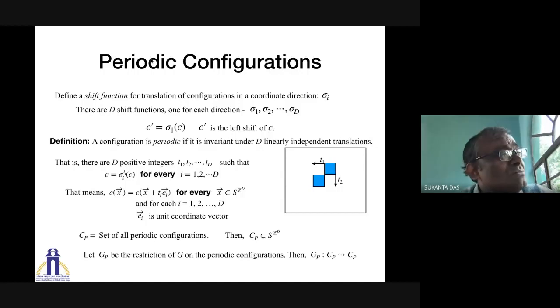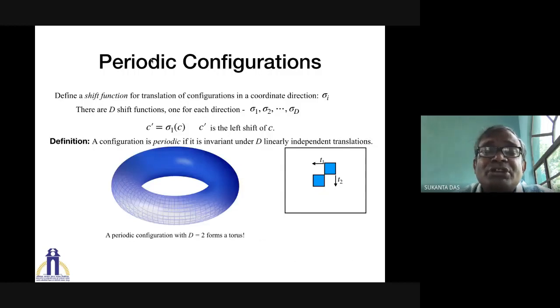Although in the case of finite configurations it is easy to visualize, I've given this definition, but how can you visualize periodic ones? Let us try in a brief way. Suppose d equals 2. If you consider d equals 2, it will form a torus.